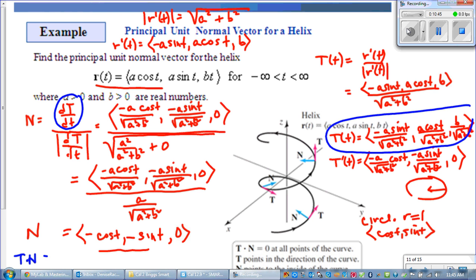So you do have that those two are orthogonal. That's a good way to check yourself: see if the T and the N that you come up with are orthogonal. Then T here points in the direction the curve is heading, which is true by this. The direction of this would be minus sine t, cosine t, which is that tangent vector. We saw that before. Just take the derivative of this, and that goes along the curve. And then N points to the inside of the curve.